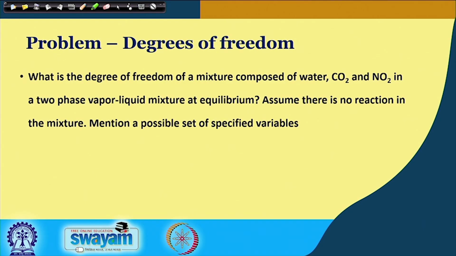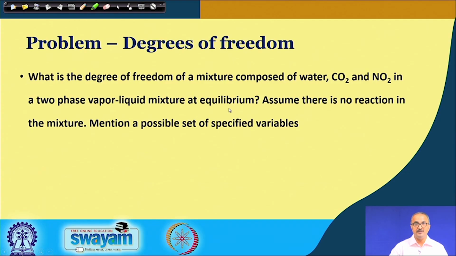So, in the first problem, we see how to find the degrees of freedom and how to specify it. We have to determine the degrees of freedom of a mixture composed of water, carbon dioxide and nitrogen dioxide, in a two-phase vapor-liquid mixture at equilibrium.